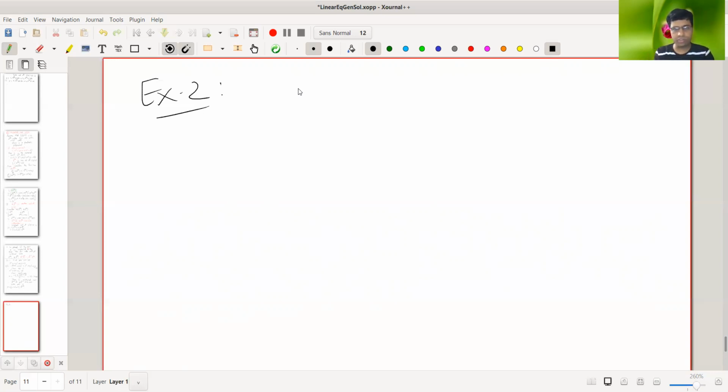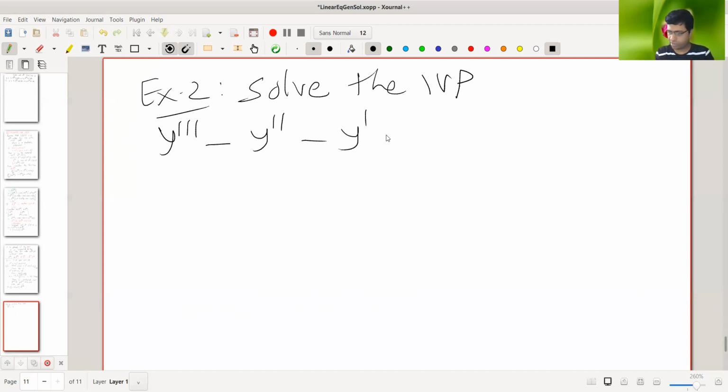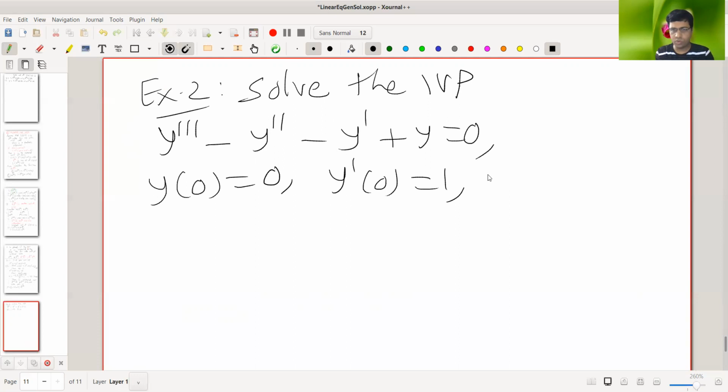So here an IVP is given. Solve the IVP, initial value problem. It is given by the third derivative of y minus second derivative of y minus y dash plus y equal to 0, and some conditions are given. y of 0 is 0, y dash 0 is 1, y double dash 0 equal to minus 1.